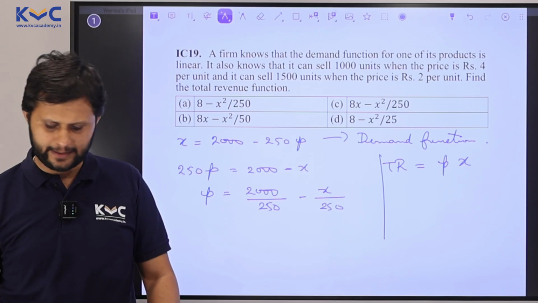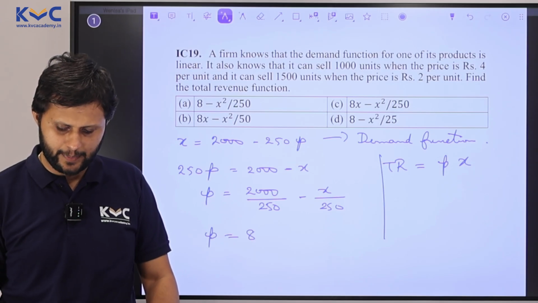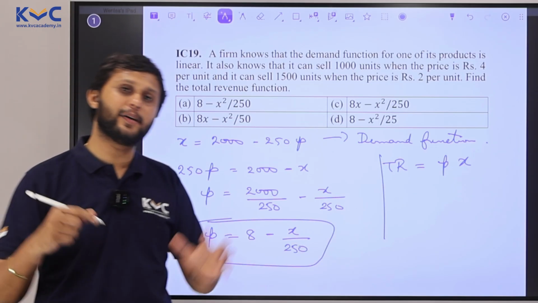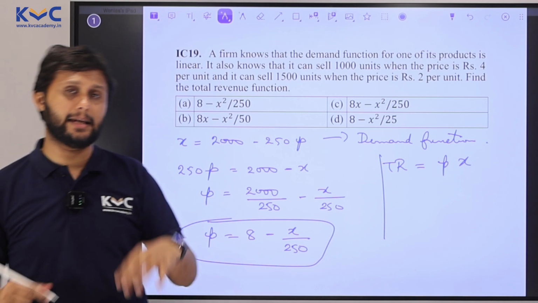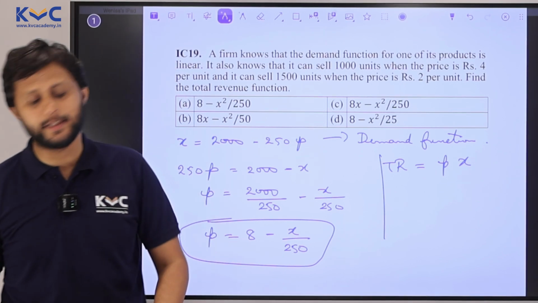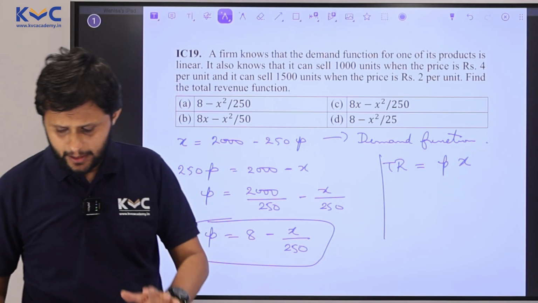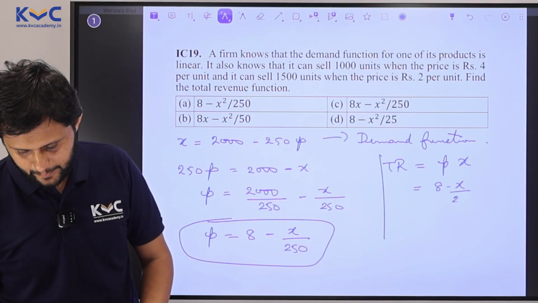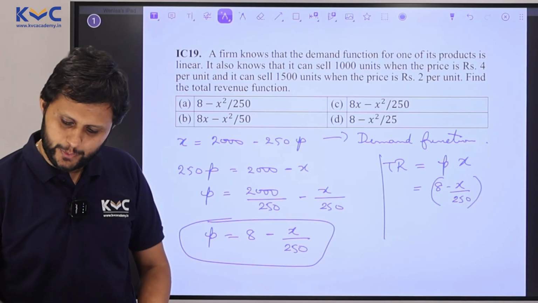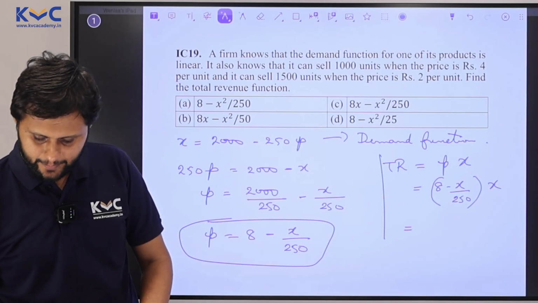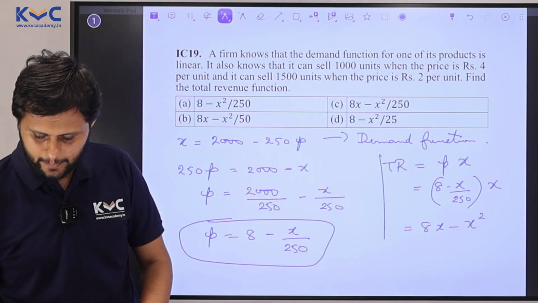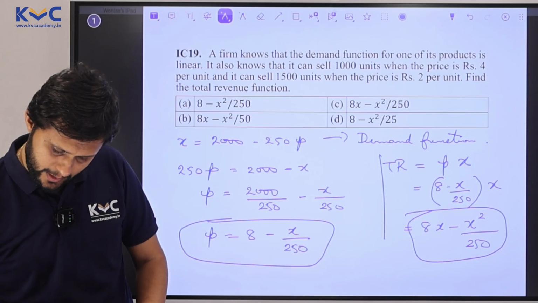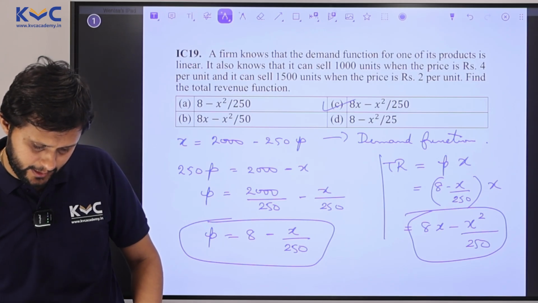That should be 8, right? Yes, 8. So P is equal to 8 minus X by 250. So we got the demand function. Now initially we had it as X is equal to, now we got it as P is equal to. Very easy. Now after we get the P value, we'll put that value here into X. Now we'll open the bracket, we get 8x minus x square by 250. 8x minus x square by 250. Isn't that option C?